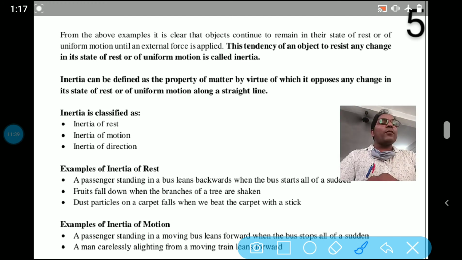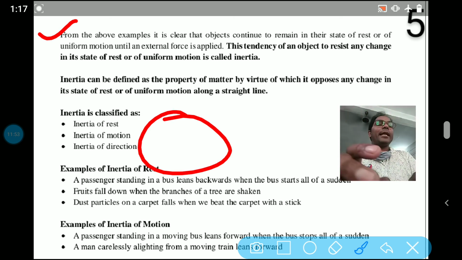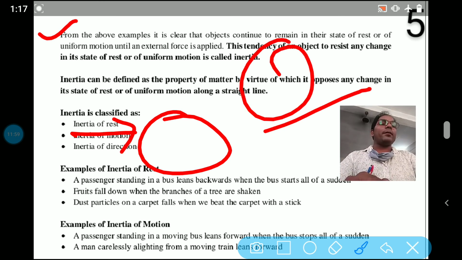From the above example, it is clear that objects continue to remain in their state of rest or of uniform motion until an external force is applied. Suppose a body is at rest, it will remain at rest until a force is applied. And if a body is in continuous motion, it will not stop.